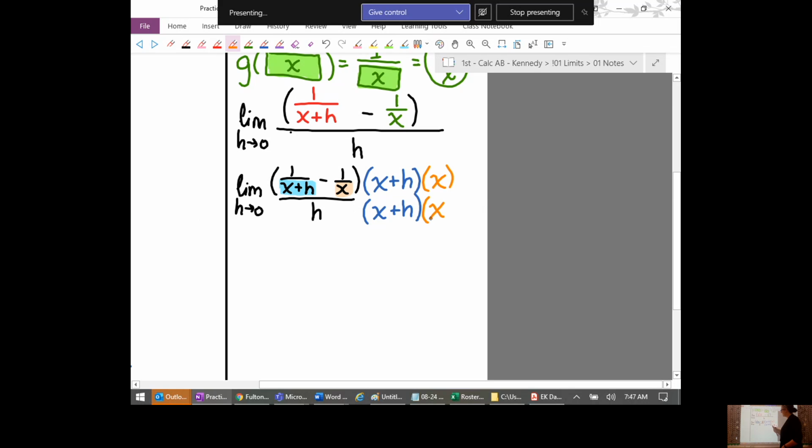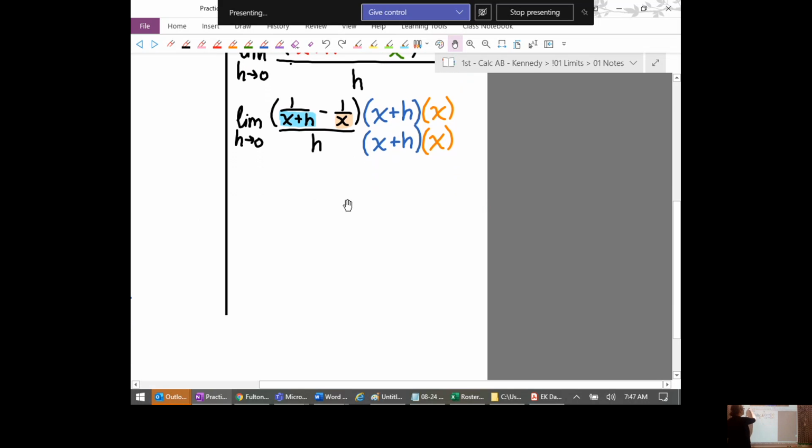So I'm going to multiply my big fraction by x over x. If you wanted to put a fraction bar there, you could, but whatever we do to the top, we also have to do to the bottom. And so at this point, the denominator is basically taken care of.